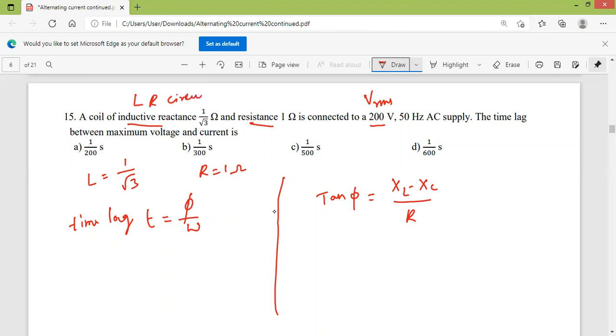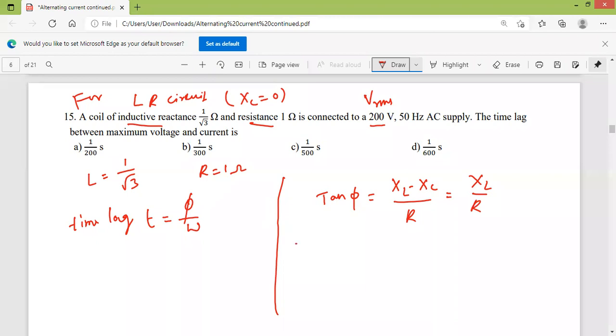For an LR circuit, XC is equal to 0, because no capacitor is connected at all. Therefore this becomes XL by R.